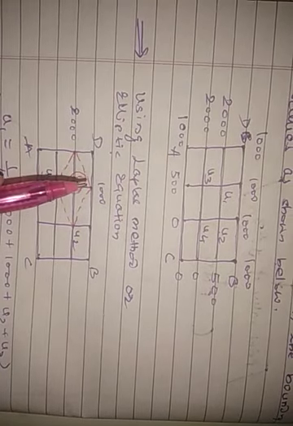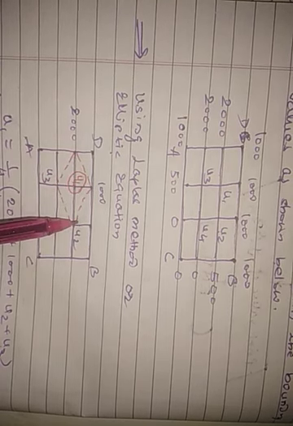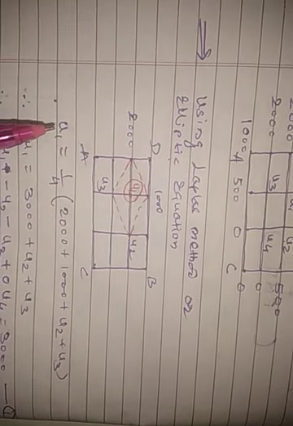Now how to solve this type of problem? Using the Laplace method or elliptic equation, this is the rhombus we are going to consider. To calculate the value of u1, we are going to join these 4 points, and write the equation for u1.